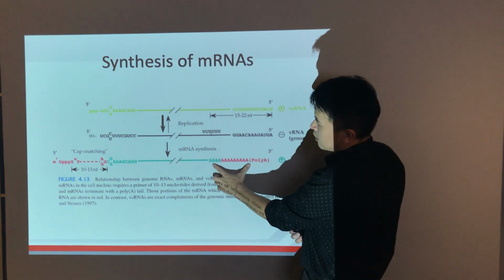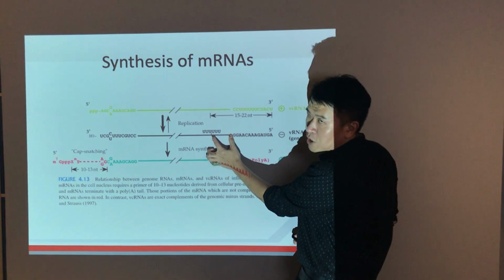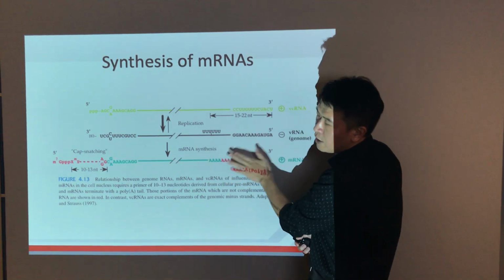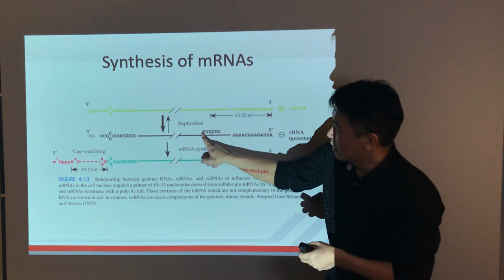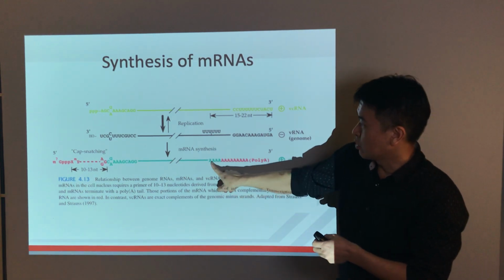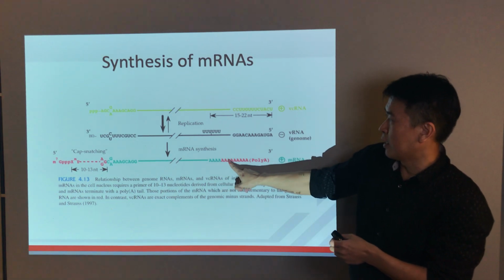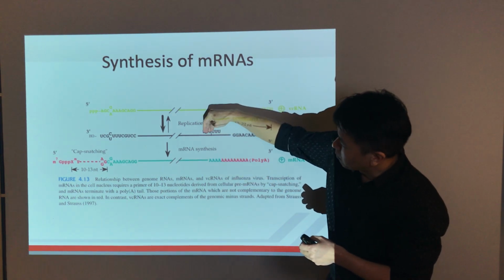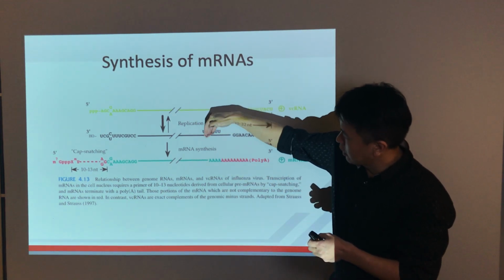So what we can see is that this stretch of RNA from the genome will not be part of the mRNA. Wherever the U is located, that is the end of the mRNA. So you can see here you have AAAA, RNA polymerase stuttering that occurs here.